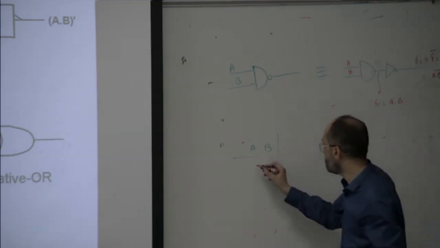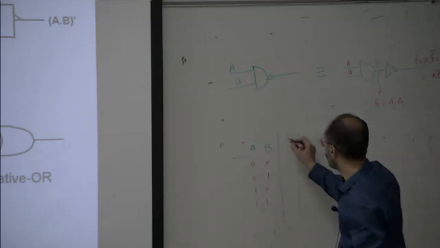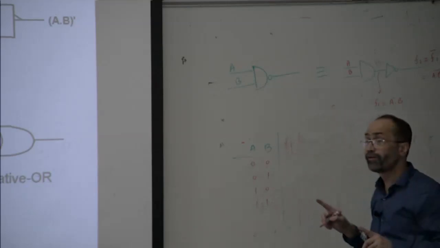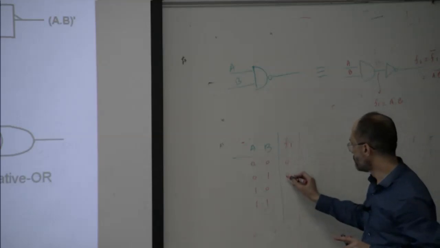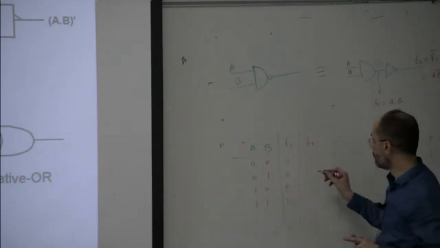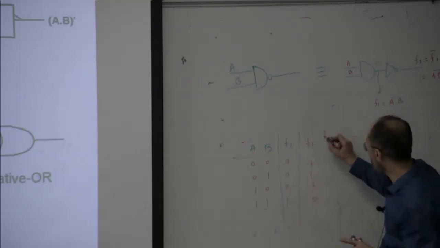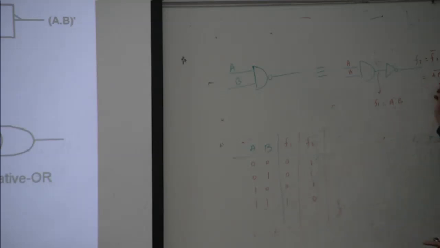We have A B as 0 0, 0 1, 1 0 and 1 1. What will be the value of F1, which is an AND gate? 0 0 0 1. What will be the value of F2? 1 1 1 0. Got it? This is F2, which is the AB whole bar.